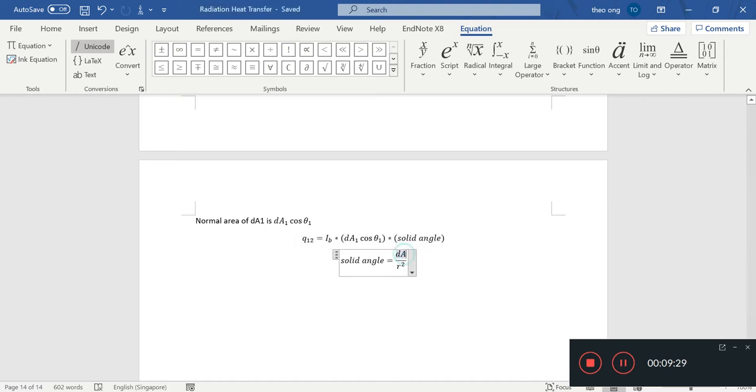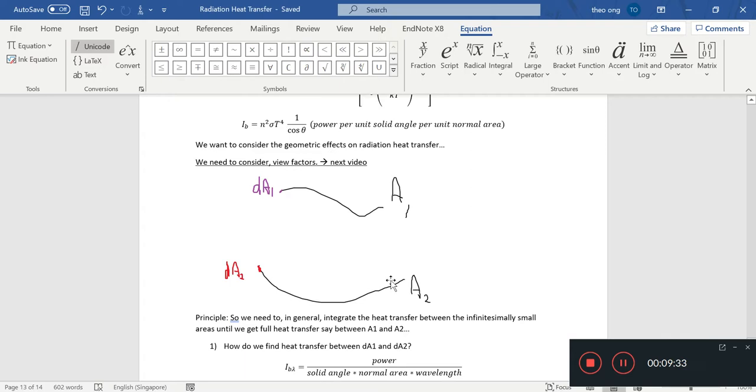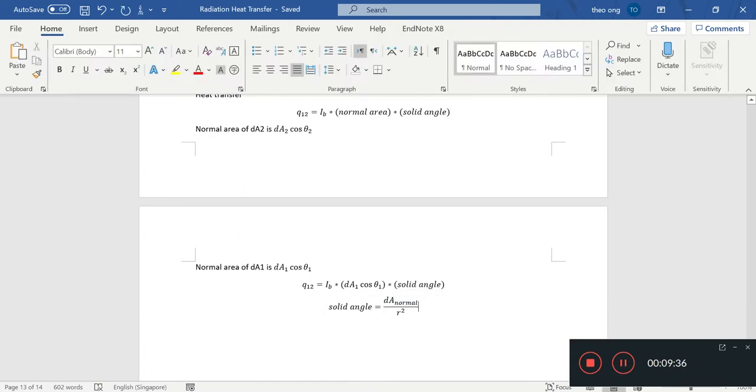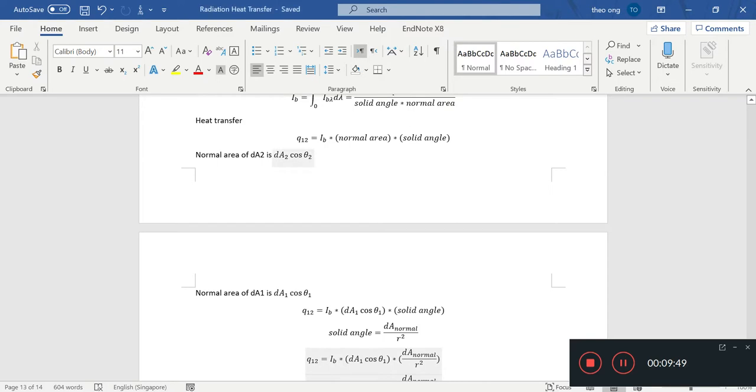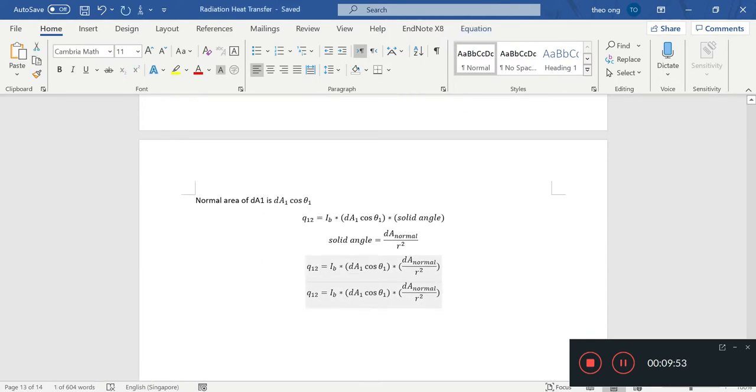So this is the normal area divided by the distance between A1 and A2. So dA normal over r squared. If we substitute the expression in, we will have dA2 cosine theta 2 over r squared.